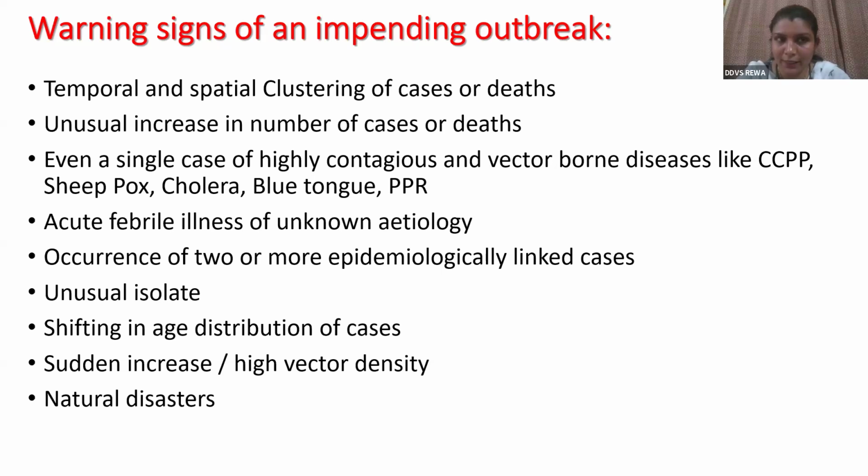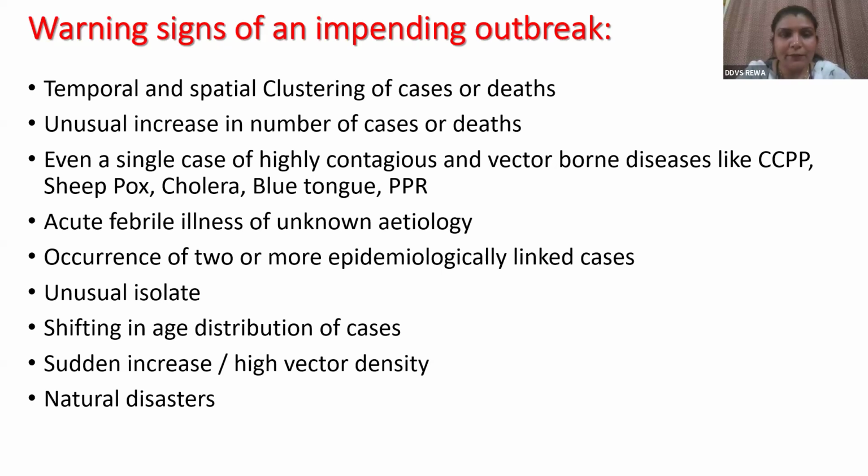In relation to time as well as place, there is temporal clustering of cases along with an increase in the number of cases as well as deaths. Where the disease is not reported or not endemic, or the expected frequency is zero, even a single case is referred to as an outbreak condition.